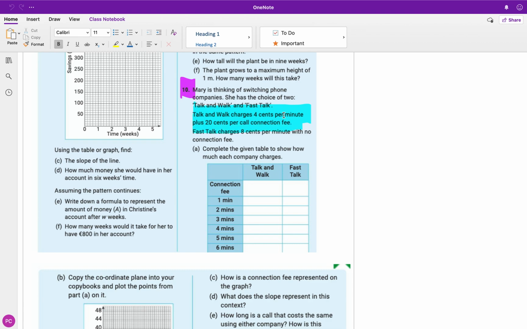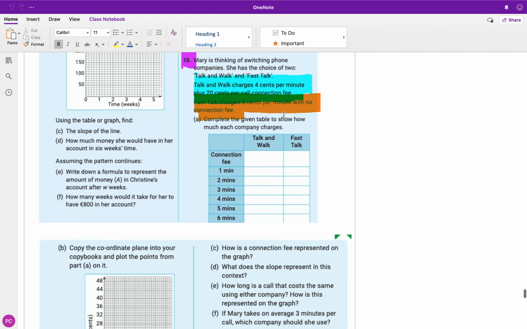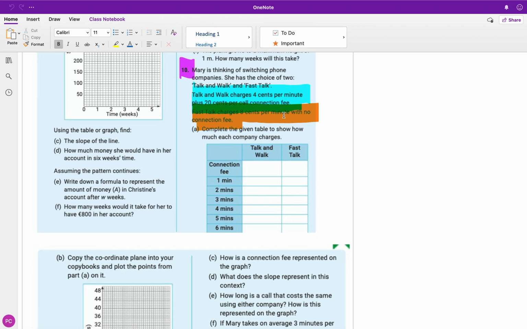The other company charges 8 cents a minute with no connection fee. So they're slightly more expensive per minute, but they've no connection fee for calls. Complete the table below, which tells us the breakdown of the different prices.